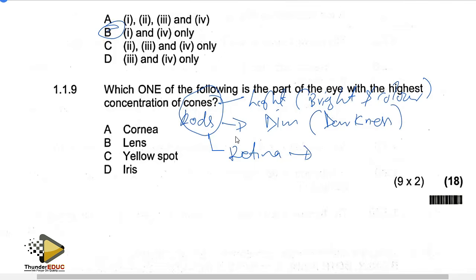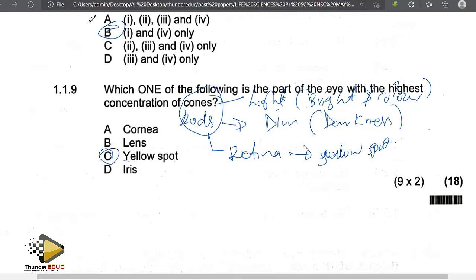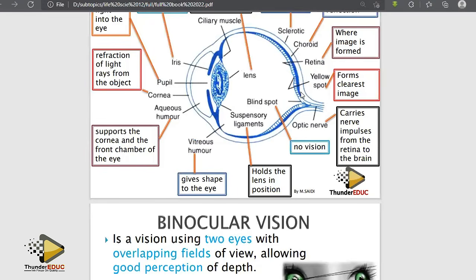It is formed at a point called the fovea or yellow spot. So we go here and we find yellow spot to be our answer. If you go to our book and see where the yellow spot is found, we shall see that in our book, the yellow spot is there. And if you look at it, it forms the clearest image.